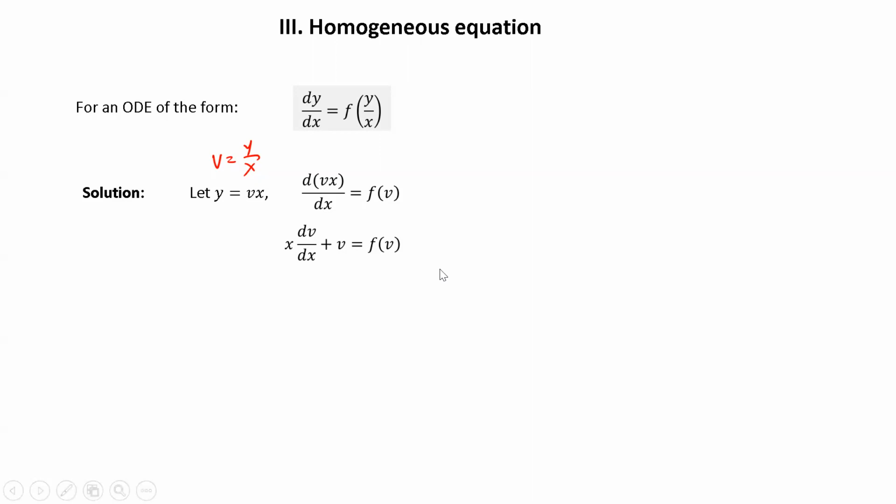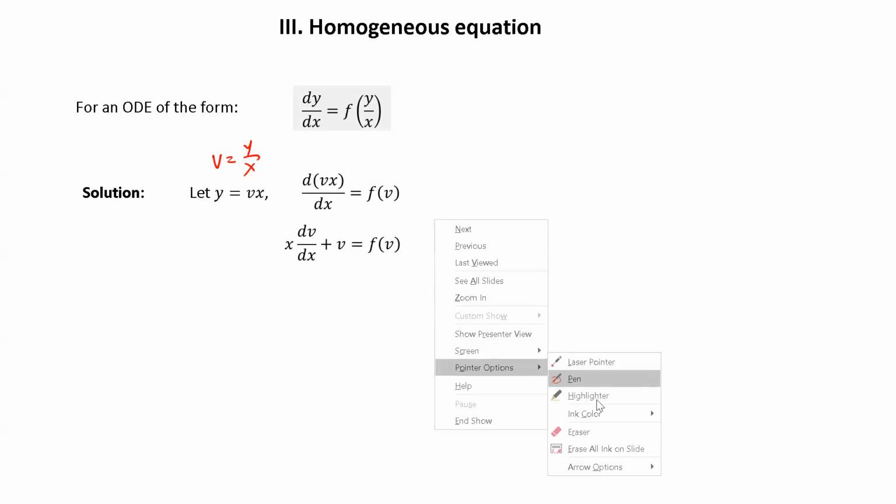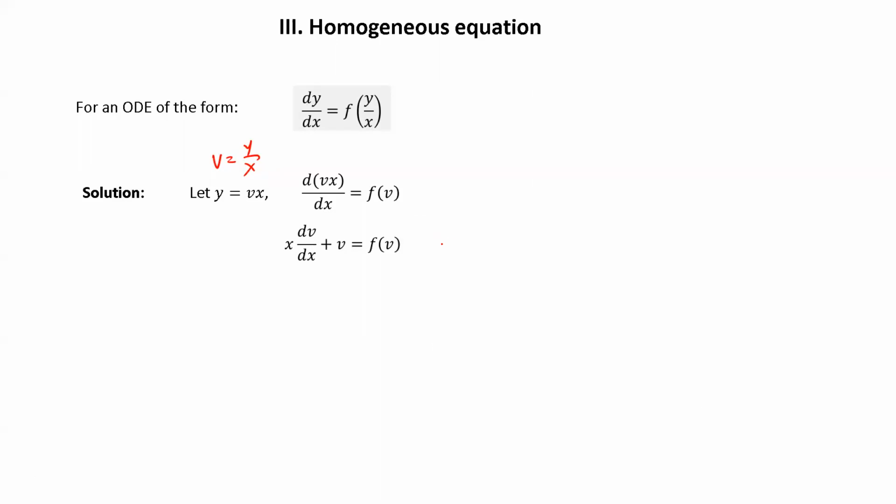Now if we look at this, we realize that we can use separation of variables, because now we can really put all the terms that depend on v on the right hand side.